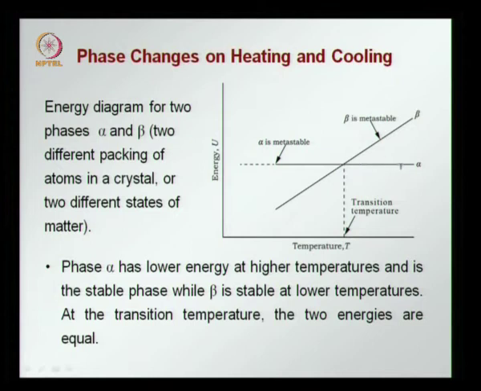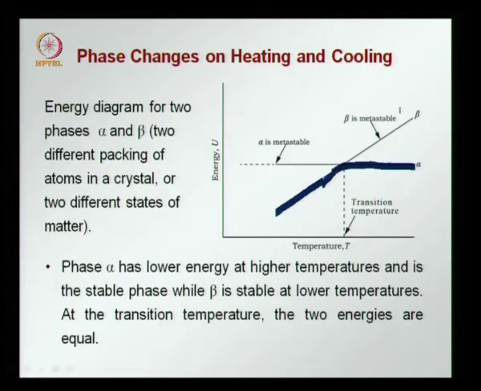After this temperature, alpha becomes stable, because in this region beta requires less energy to form and to stay that way than alpha, but beyond this transition temperature the energy required for alpha is less. So, we say that this would be the stable path and the others are metastable, that is, they have to be forced to occur, otherwise the metastable phases will not occur.